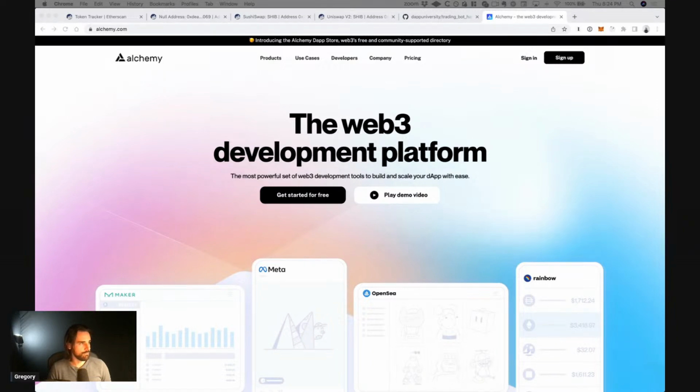There's lots of different providers that support different blockchains if Alchemy doesn't particularly support it. Somebody was asking me about that. Yeah, QuickNode's another good one.